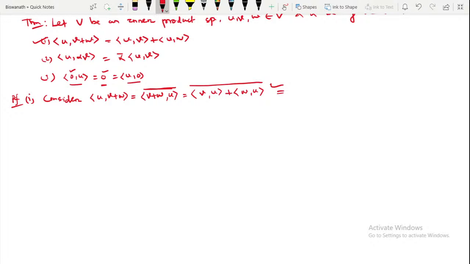We already know that if z1 and z2 are complex numbers, then the conjugate of z1 plus z2 is z1 bar plus z2 bar.